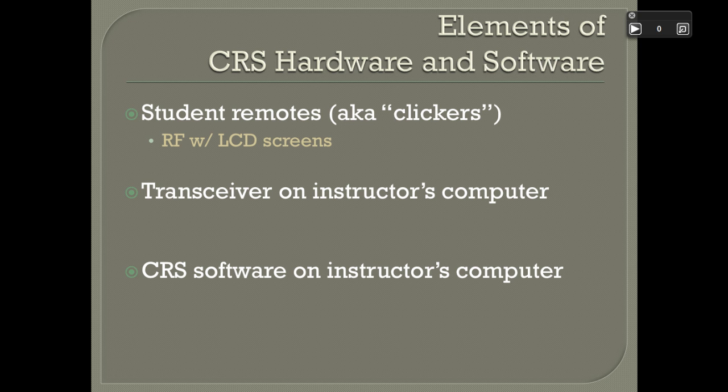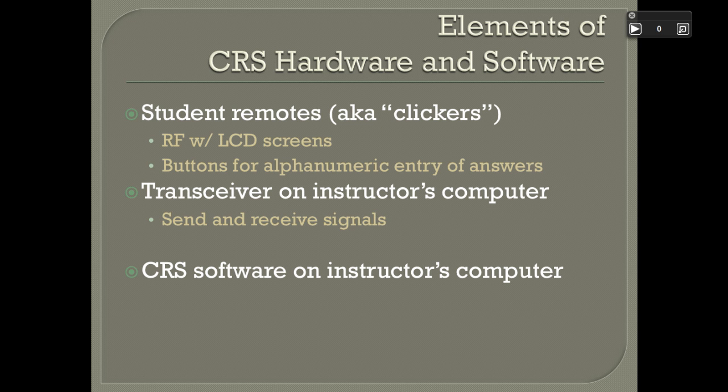The student remotes that we use at Fitchburg State are radio frequency devices with LCD screens, and they have buttons for alphanumeric entry of answers. The transceiver on the instructor's computer sends and receives signals. And it also is a radio frequency device. It plugs into a USB port, and we call it a thumb hub.